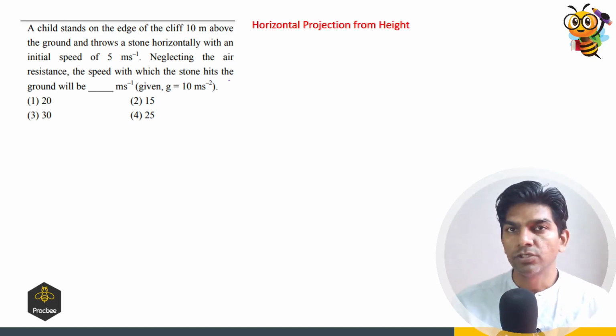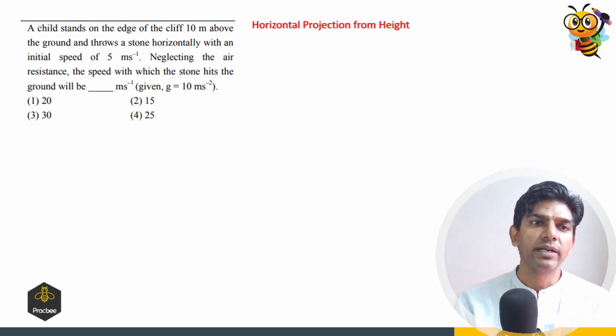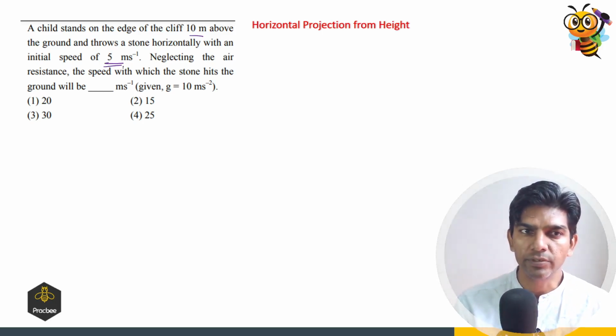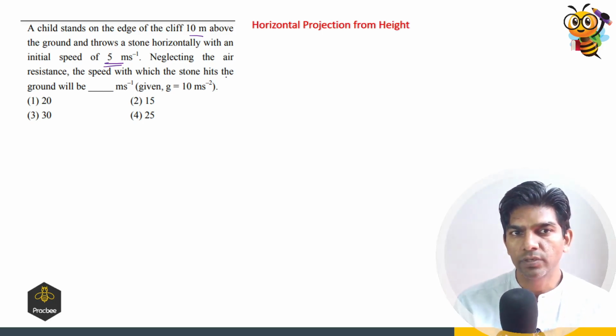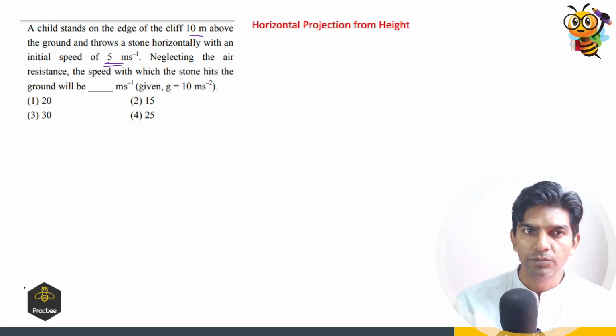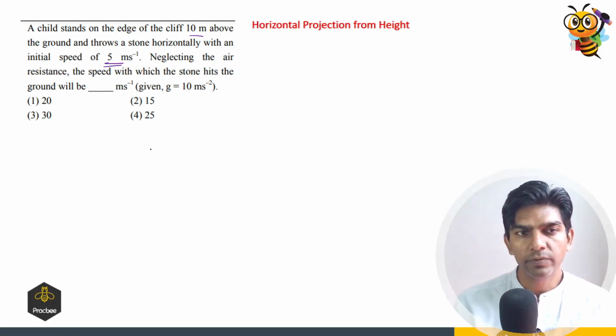Now let us see this question based on the same problem type. A child stands on the edge of a cliff 10 meters above the ground and throws a stone horizontally with an initial speed of 5 meters per second. Neglecting the air resistance, the speed with which the stone hits the ground is. So height is given. So again, this question can be solved in multiple ways.